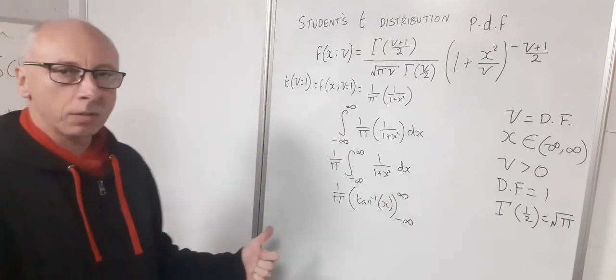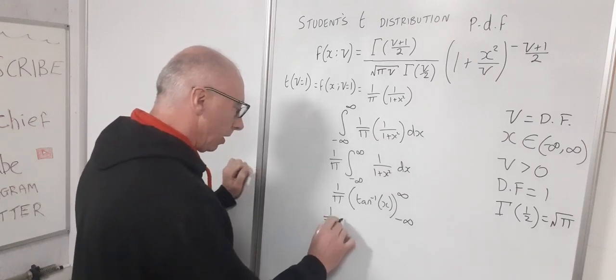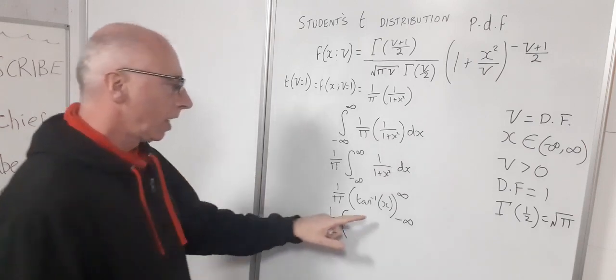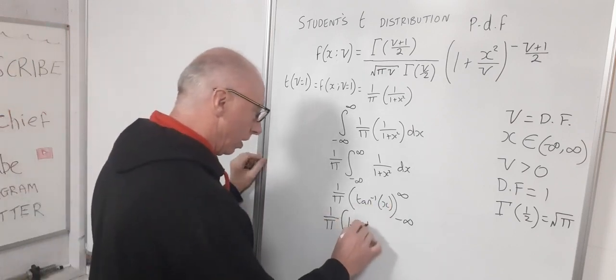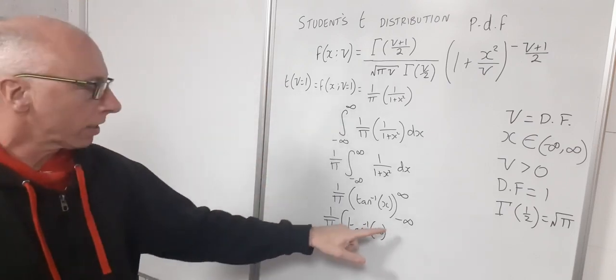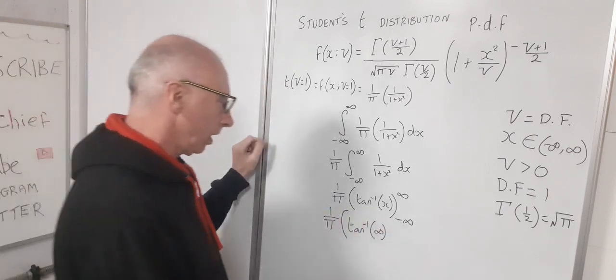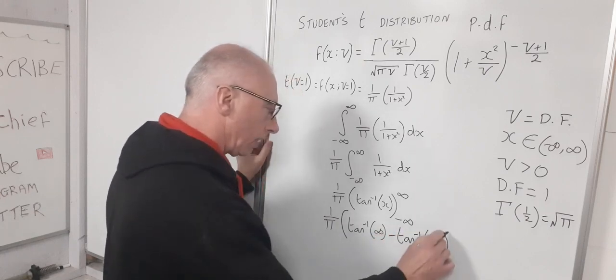Okay, so let's work out our values for that. So we've now got 1 over pi, and then we've got at infinity, so inverse tangent at infinity, and then we subtract our value at negative infinity, so minus inverse tangent at negative infinity.